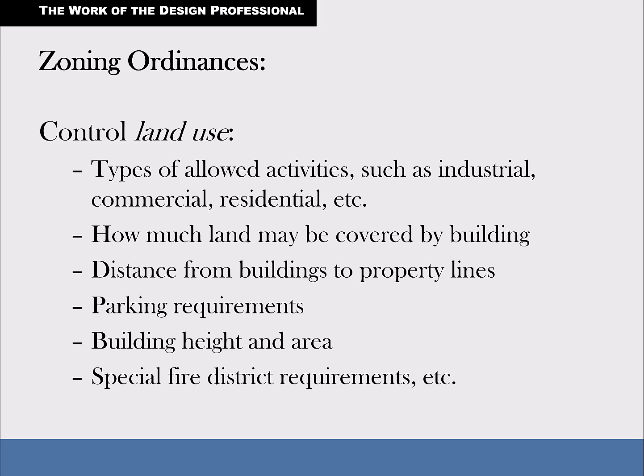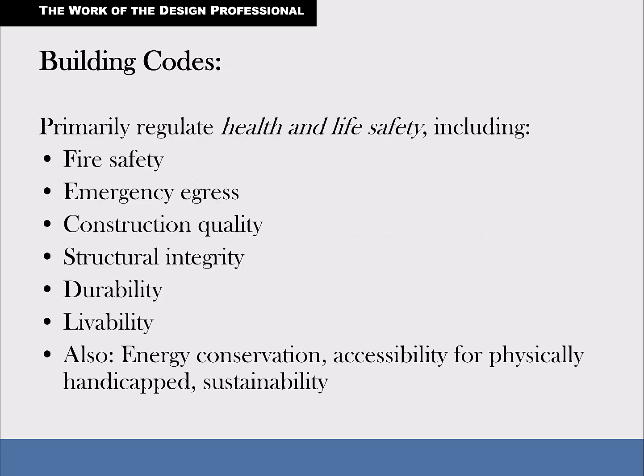But that's a side benefit or negative, depending on your point of view. Everybody knows and agrees that you need to have some controls on use of land, so that you don't end up with a big ready-mix concrete plant right next to your house or your business with dust always dusting your cars and everything else. You try to keep these things separate from each other so that everybody can play nice. So the building codes primarily regulate health and life safety, things like fire safety, emergency egress.